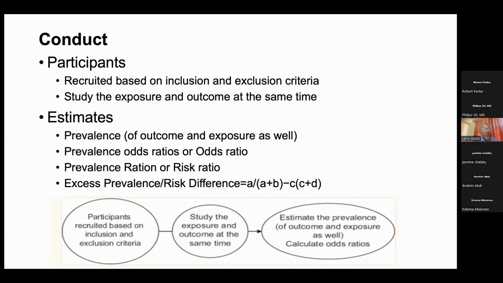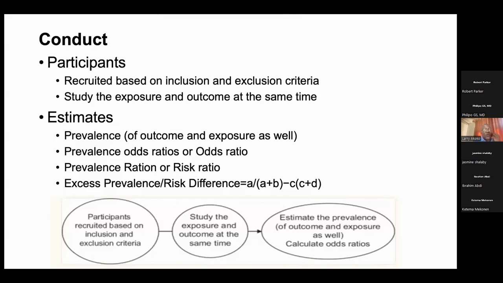Or the prevalence ratio and risk ratio. Some people confuse this with the relative risk. Relative risk is again for cohort or case control studies. In cross-sectional studies, we call them prevalence ratios. The calculation is almost the same, but the inference you draw from it differs. We'll see a few examples later.